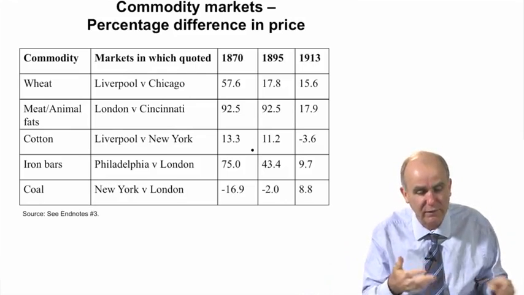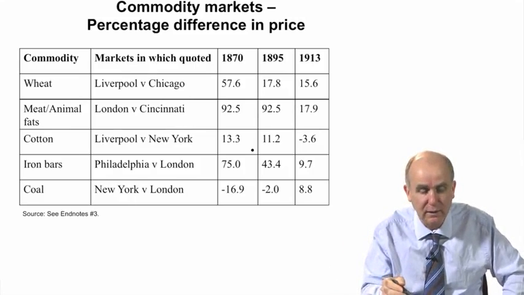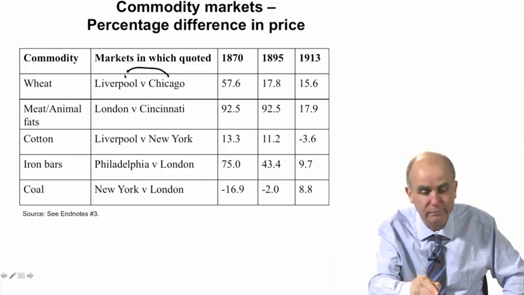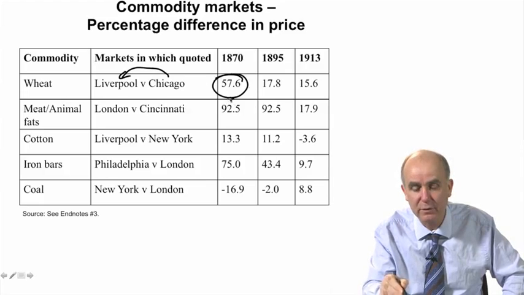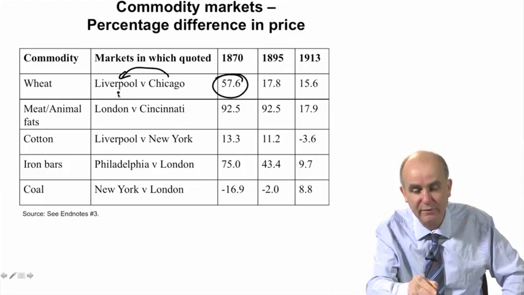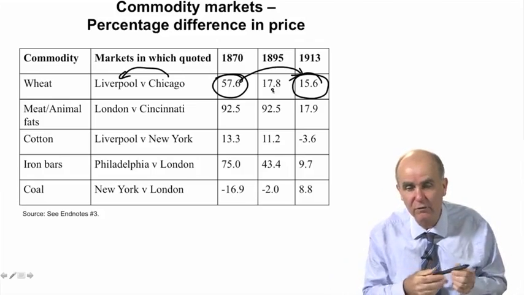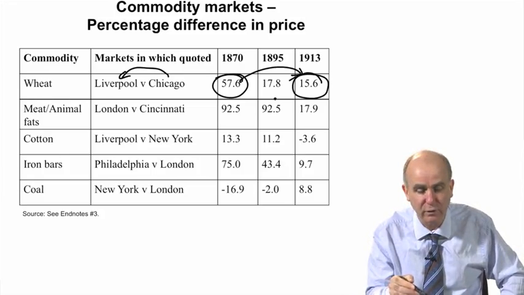Here I've got several examples of commodities. Wheat generally sold from America to Europe. You can see that in 1870 the percentage price difference was that wheat was 57% more expensive in Liverpool than Chicago, but as we get into the first year of globalisation, with the decrease in transport costs, that price differential falls.